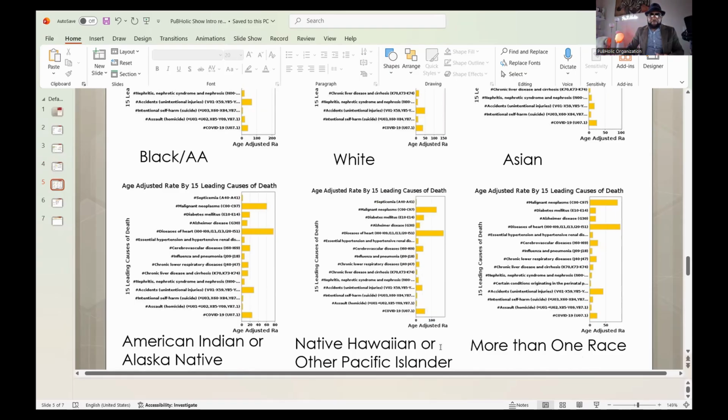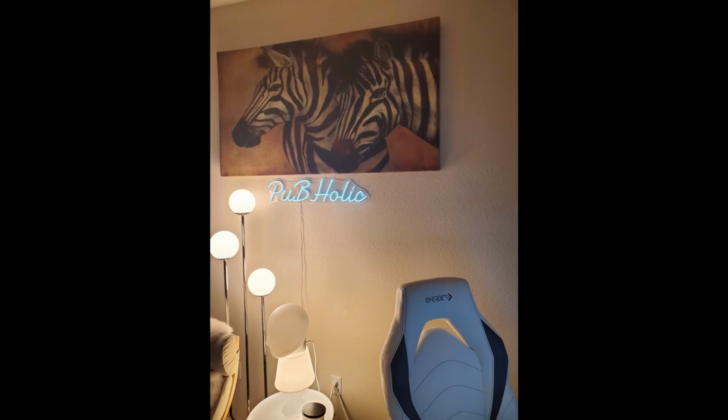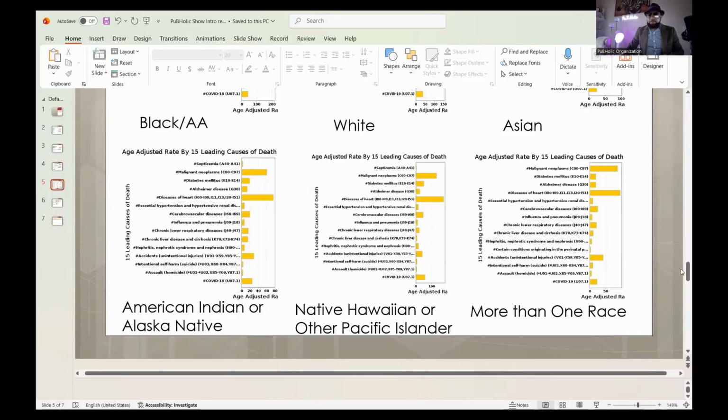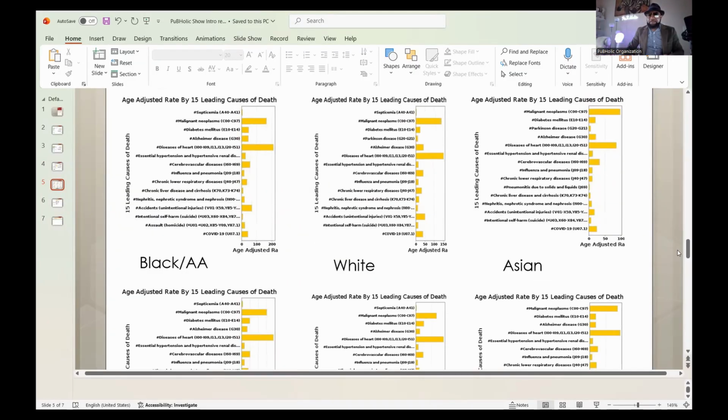For Native Hawaiian and other Pacific Islander, heart disease is leading, followed by malignant neoplasm. And for more than one race, also heart disease is leading, followed by malignant neoplasm. Only the Asian racial group shows cancer first, followed by diseases of the heart.